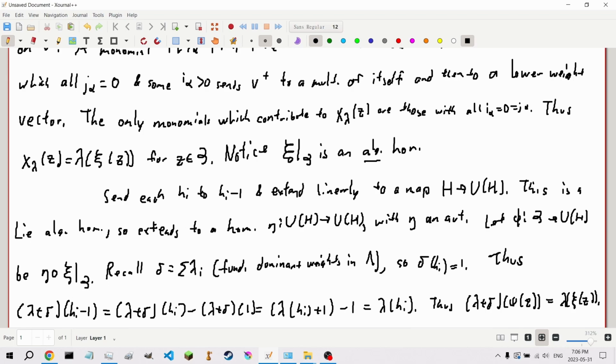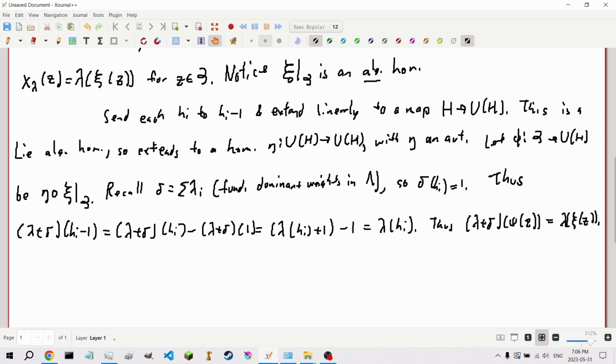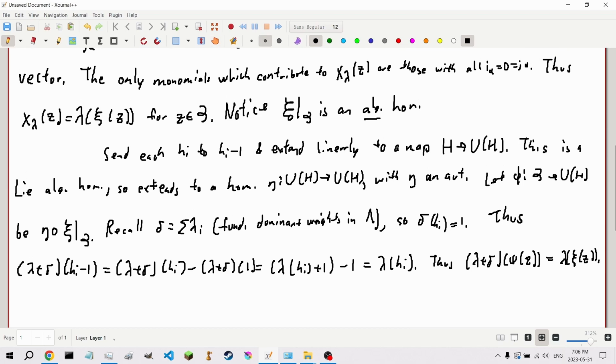Alright, and combining this with our previous formula up at the top there in the first line now, we get that chi lambda of z is lambda plus delta of psi of z.